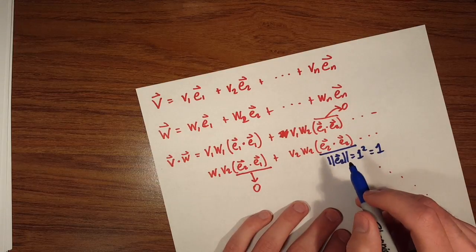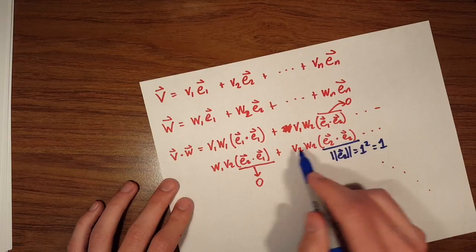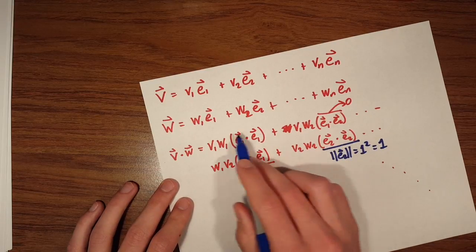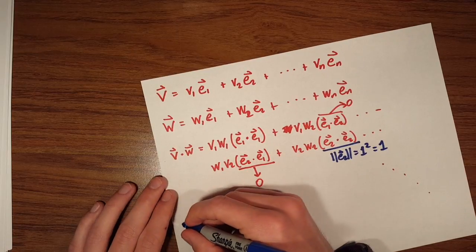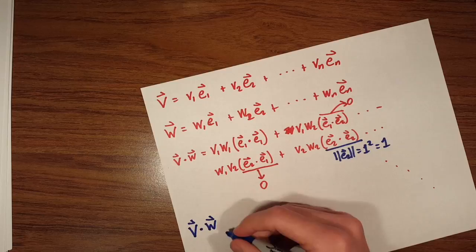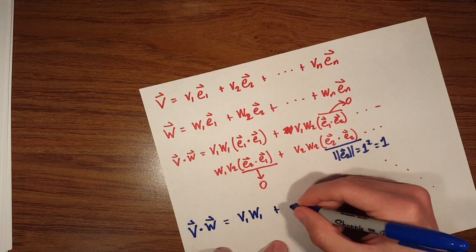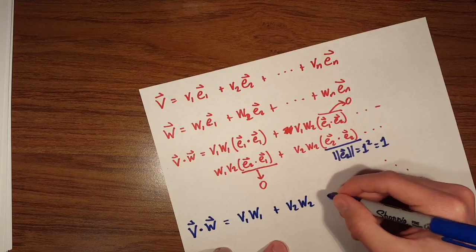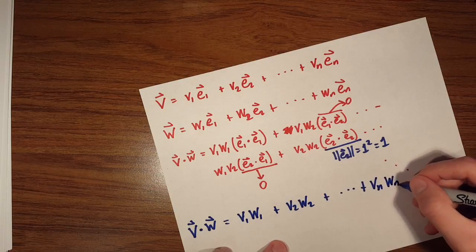They have length 1. So that means this sum simplifies. All these cross terms cancel out, and all of these diagonal terms stay in with a factor of 1, and we get the formula for the dot product when you're working in an orthonormal basis as V1 W1 plus V2 W2 plus all the way up to plus Vn Wn.